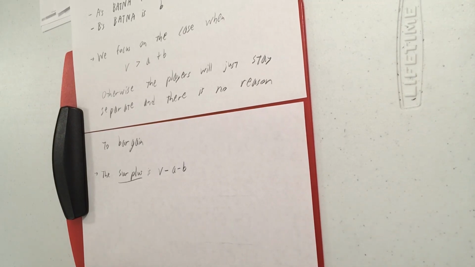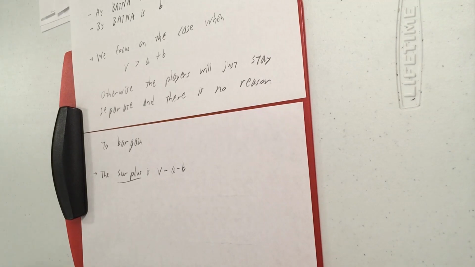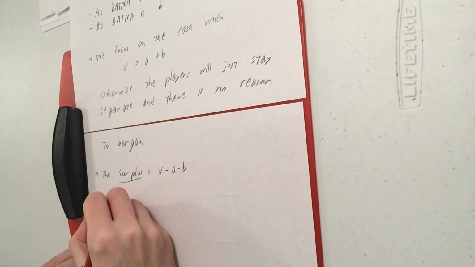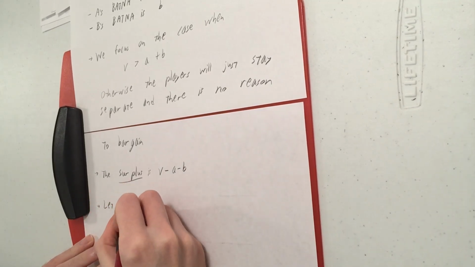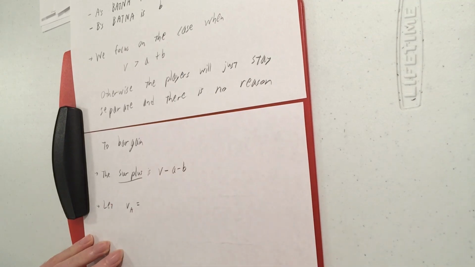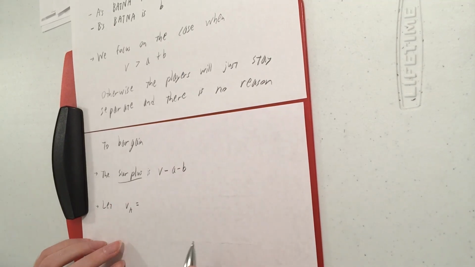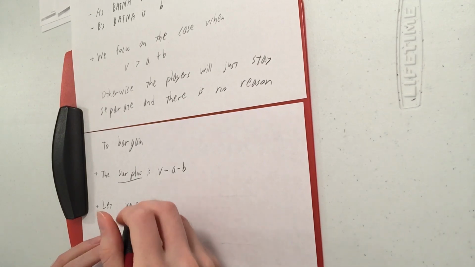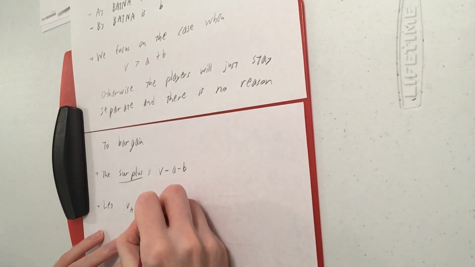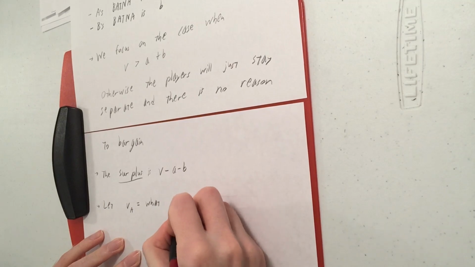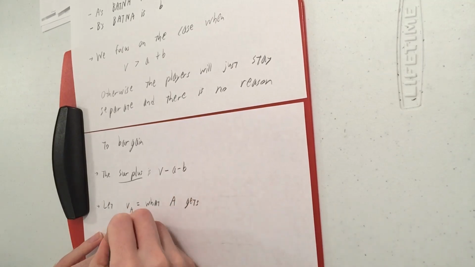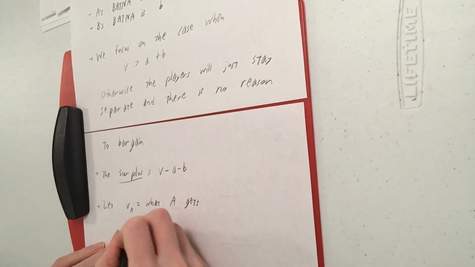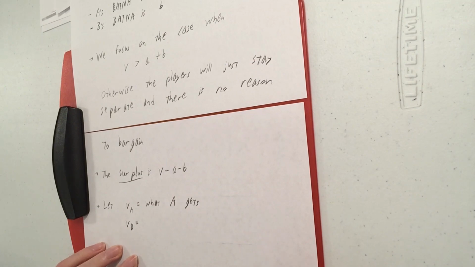And for some further notation, VA is going to be the total amount of value, V, that goes to person A. And similarly, VB is the total value that B gets.